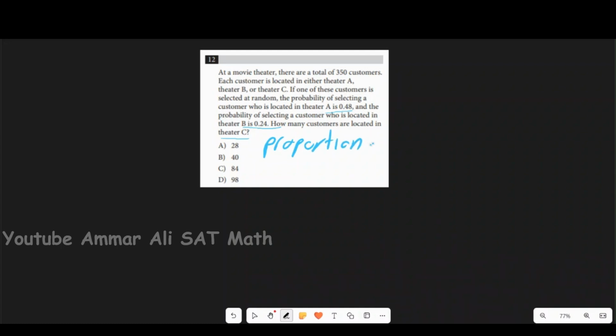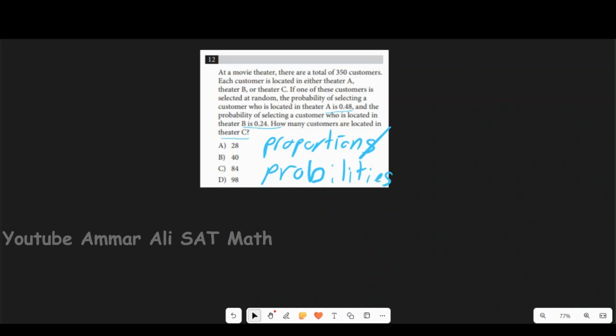Proportions slash probabilities, because probabilities and proportions are pretty similar. For most of the stuff you'll see on the SAT, they will be very similar. So why are they similar?